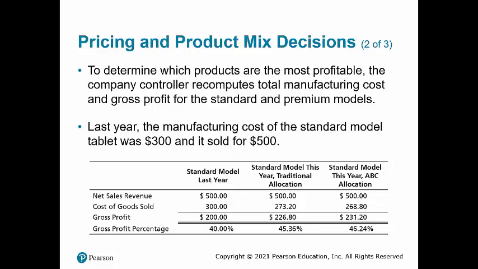So Smart Touch Learning's management might want to decide whether or not to drop the sales price to $448, which would allow them to maintain their gross profit percentage of 40% and possibly lead to an increase in sales volume at the lower price.